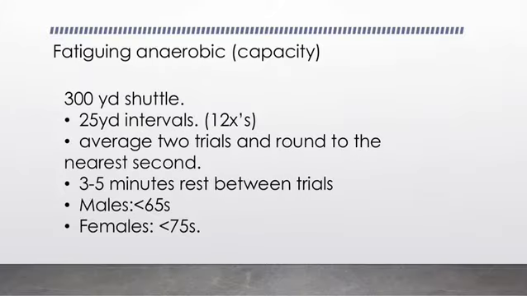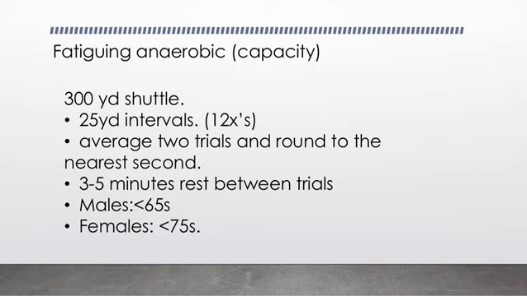And then fatiguing anaerobic. So 300-yard shuttle, as mentioned earlier, basically it's 25-yard intervals and you go back and forth 12 times to equate to your 300 yards. You'd average the 2 trials and round to the nearest second for your time, making sure you're resting 3 to 5 minutes between trials.